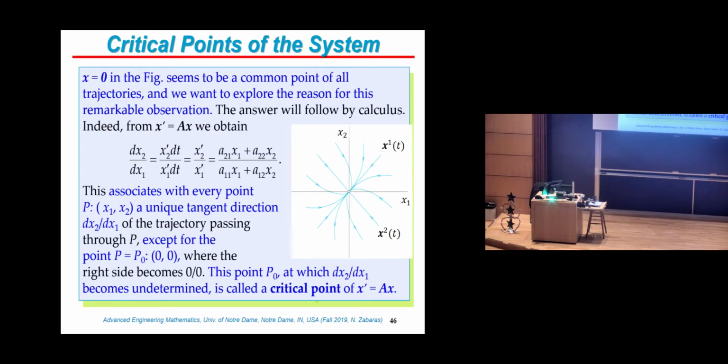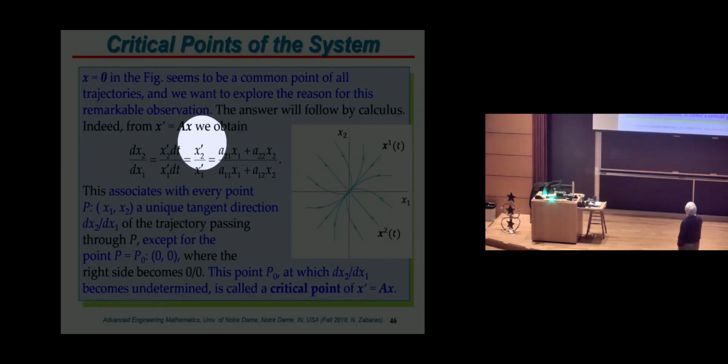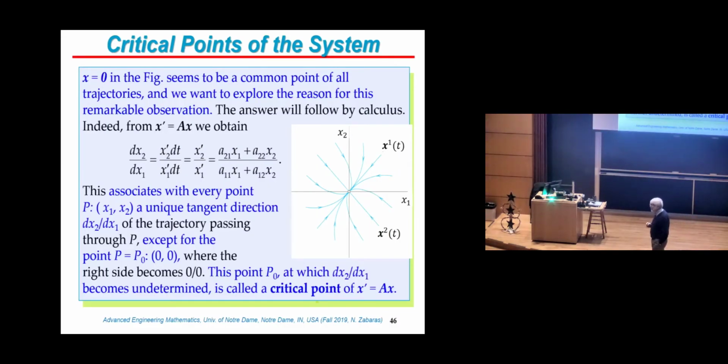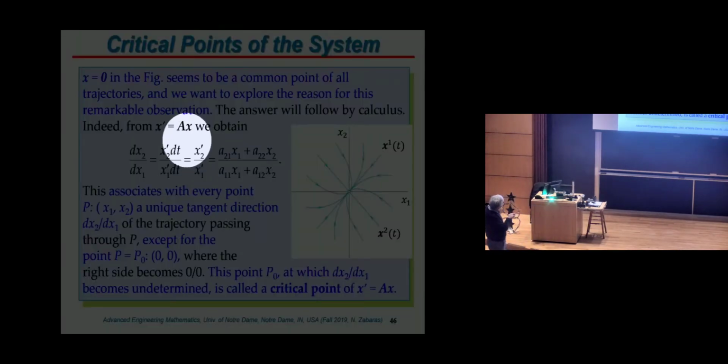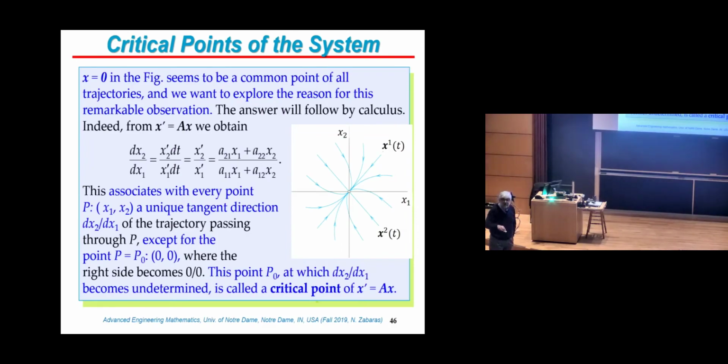You remember my system of equations is x prime equals Ax. And you can actually see it here. When is this equal to 0? And when is that equal to 0? What x1, x2 are you getting for that point? How do we call that point? Basically, this will become 0 and this will become 0 when these derivatives are 0. And how did we call that point?